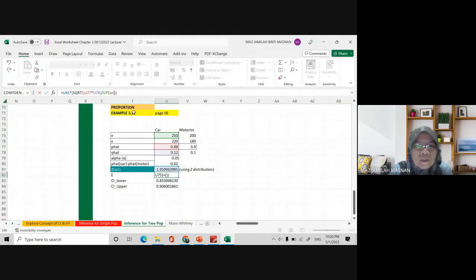So the bracket should be P hat for motorist multiplied with Q hat for motorist divided by this sample size.